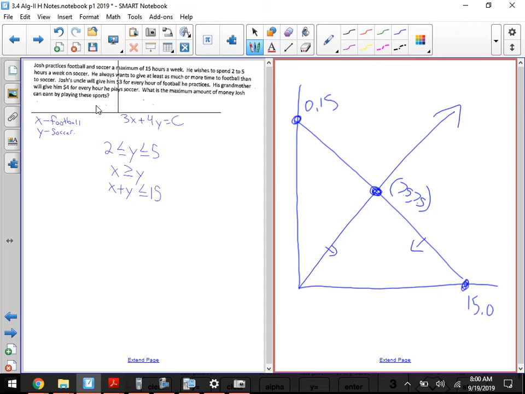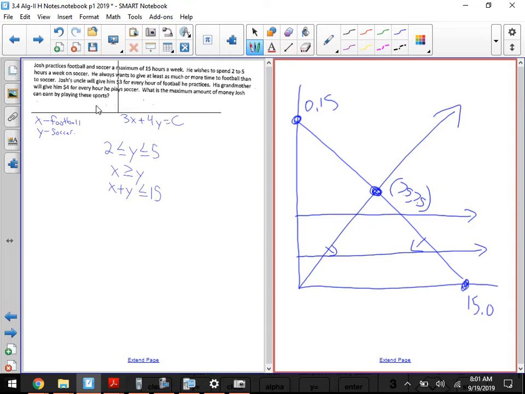Now I just have to scale in my Y values. The Y values are somewhere in between 2 and 5. Well, I know that 7.5 is up here, which means 5 has to be below it. And then a 2 has to be below that. You okay with that?